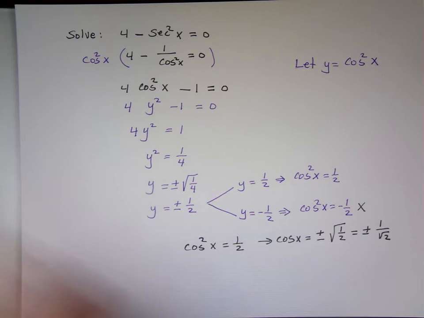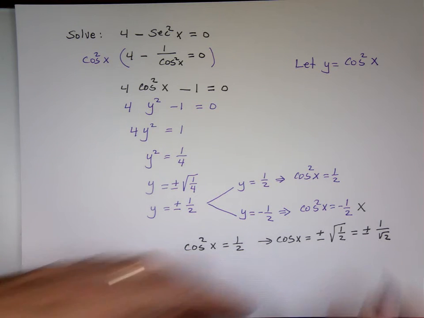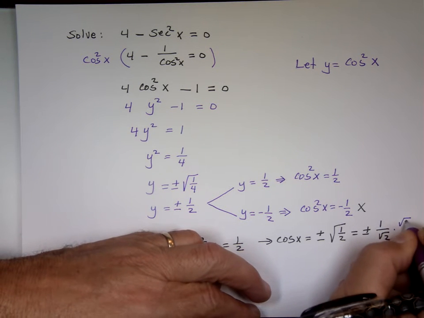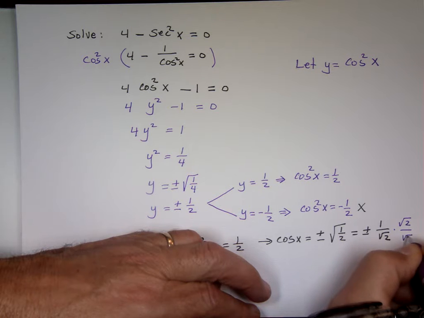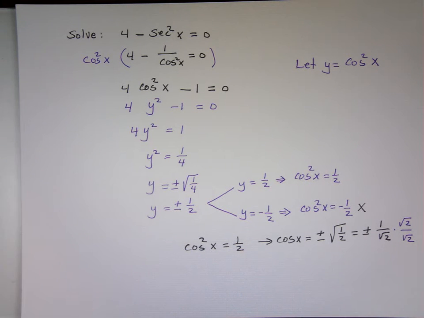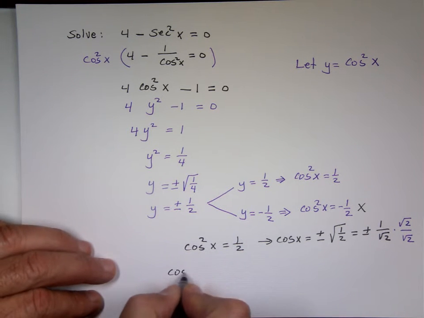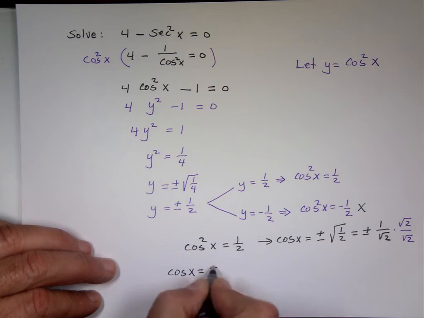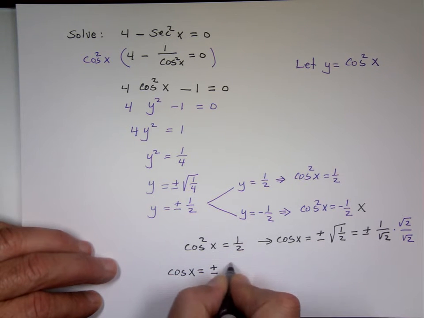They probably don't like to see a square root in the bottom, so what do we do? Multiply the top and the bottom by the square root of 2 to rationalize it. The radical of 2 over 2, right?